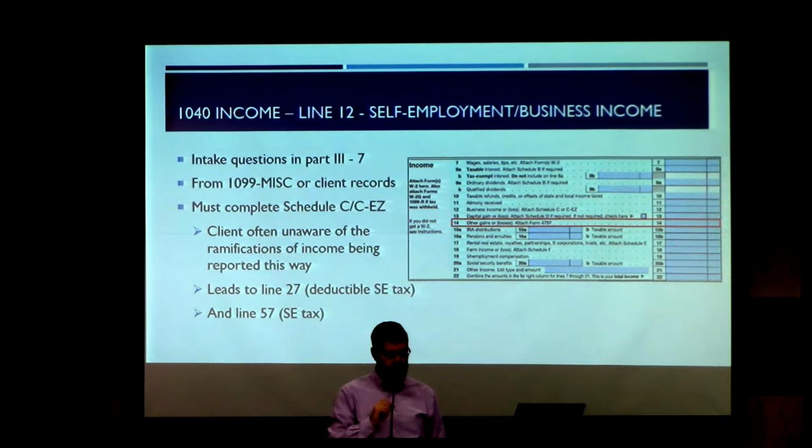So I mention this because anytime you get a 1099-MISC or cash income, that goes on line 12, which then triggers 27 and 57. The problem with putting it on line 7 is that it will not trigger 27 or 57, and then all of the taxes that need to be paid will not be paid on the self-employment income.